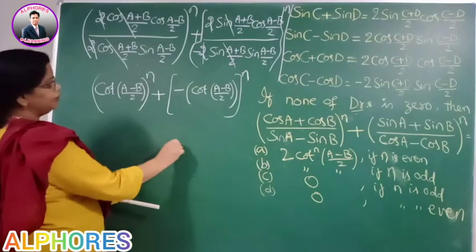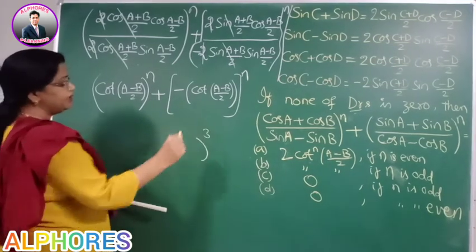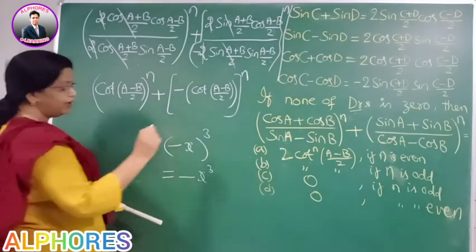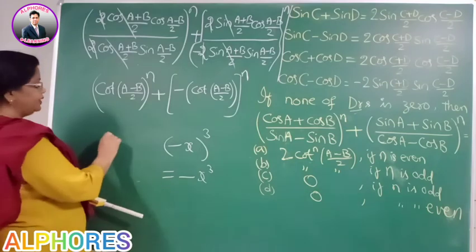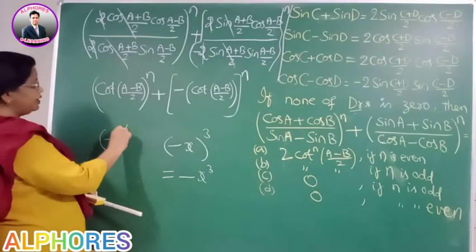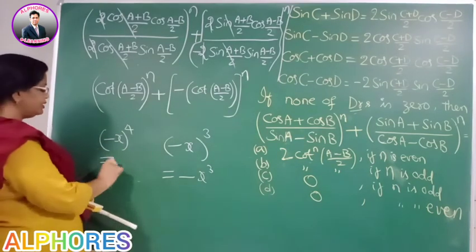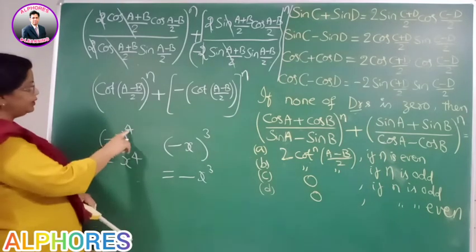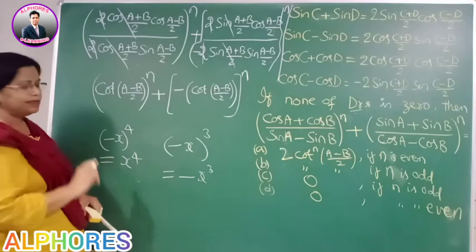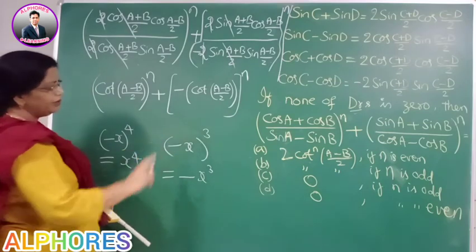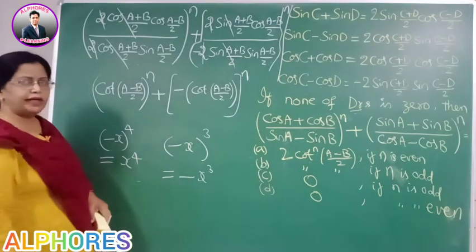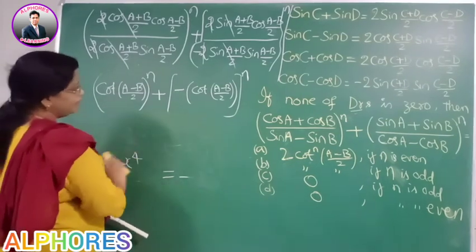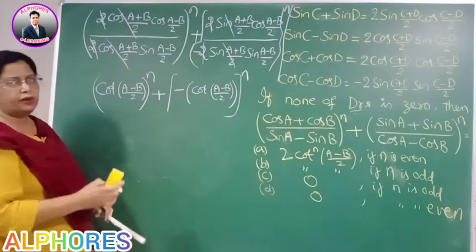If n is odd, such as 3, and I write x, you get minus x cube. And if it is minus x whole to the power of 4, the minus vanishes and you get x to the power of 4. So for even power you can avoid the minus symbol, whereas for odd power the minus comes along with the value. So you have to differentiate between even and odd.